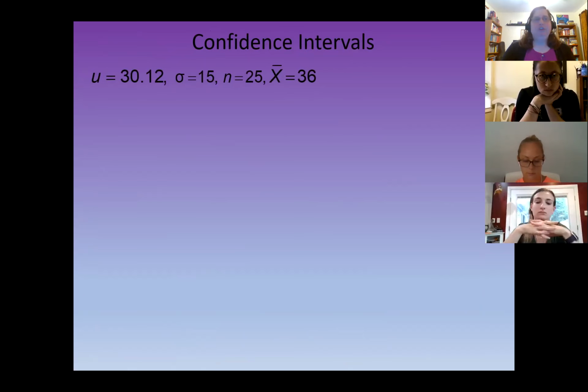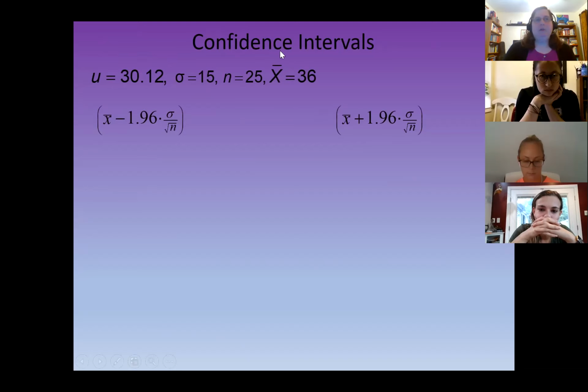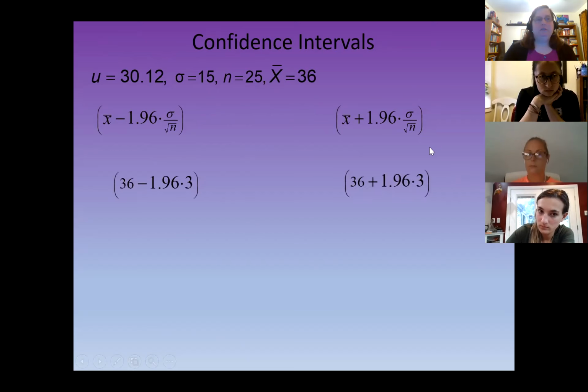So if we want to actually look at our confidence intervals, we would collect the information from the problem, and we would just fill the pieces in, right? So we would take the square root of n, or the square root of 25. We would take 15 over that 5 on both sides, getting 3. We would multiply the 1.96 times the 3.